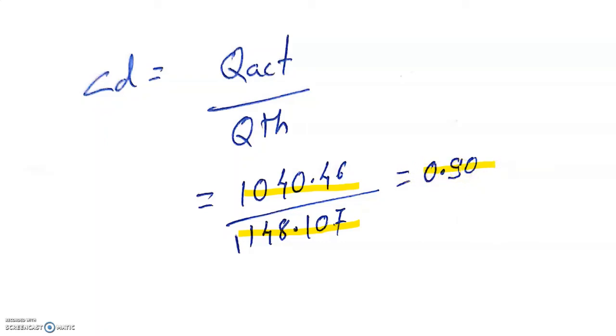But actually the CD value should be around 0.98 to 0.99. Because of a few errors, maybe in the equipment or in taking the readings, we have gotten a lesser CD value. This is the CD value of the venturimeter. It shows that you are calibrating: you have found out the CD value and you calibrate that instrument itself. So this was the calculation part.